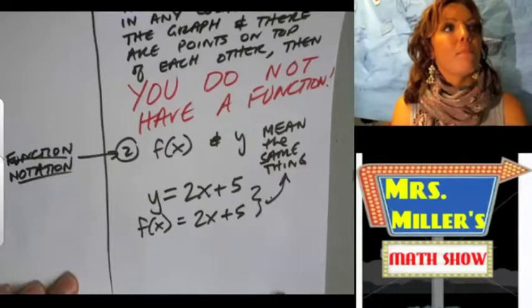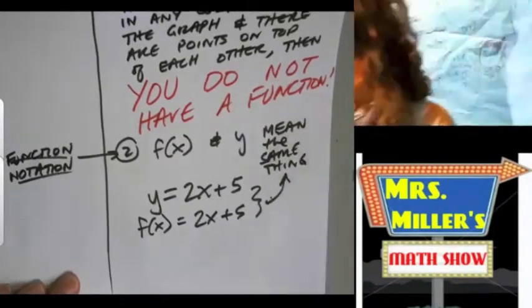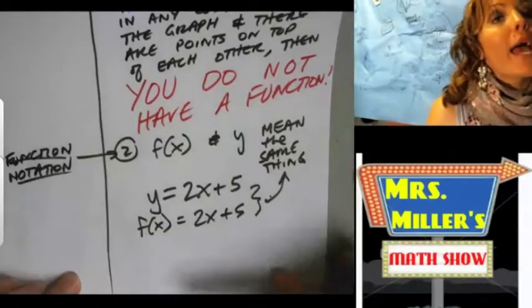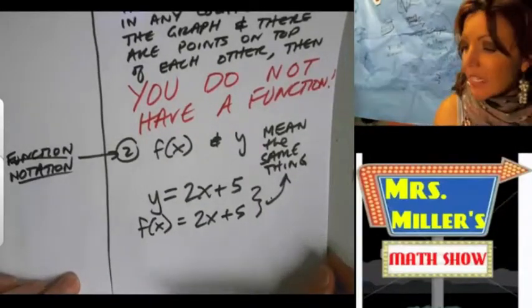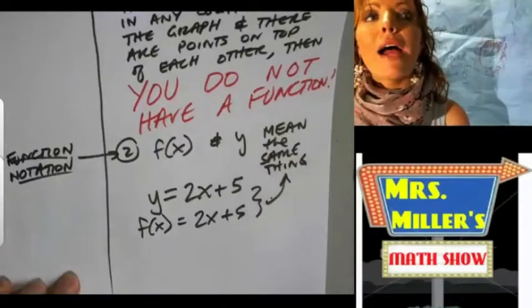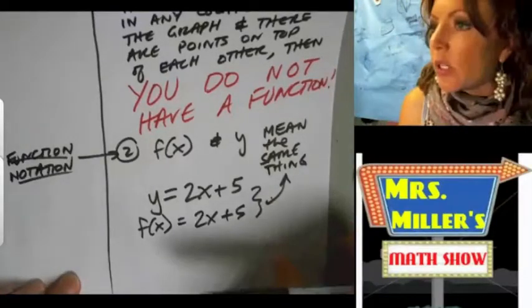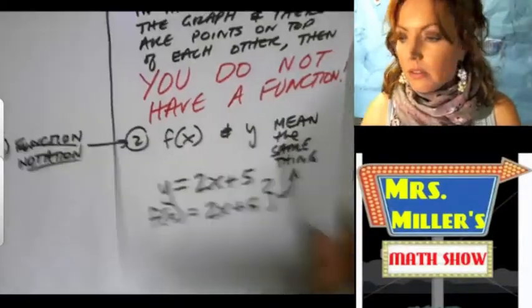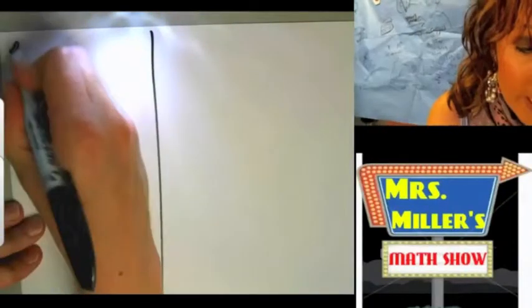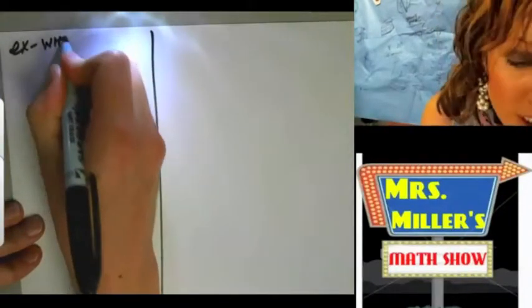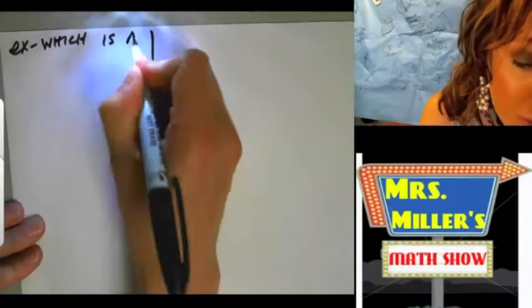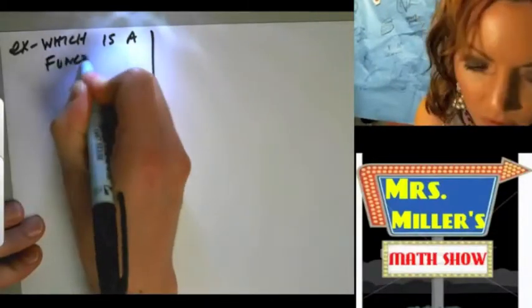All right? So, we're going to go through, we're going to graph one of these first, and then, again, as we graph it, I want you all to be thinking about how you would graph it in your head. Okay, so, which of these is a function?